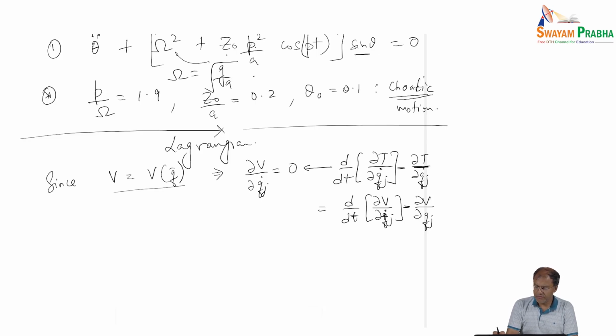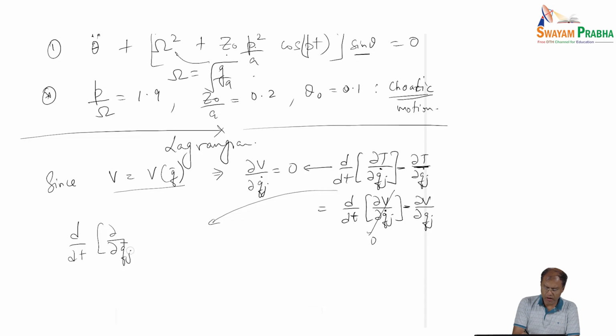What has happened is, since we know that this quantity is 0, I have added a quantity which is 0. Now we can combine this right hand side and shift it on the left hand side. So now my new equation is d/dt of partial q_j dot of (T minus V), minus partial q_j of (T minus V) is equal to 0.